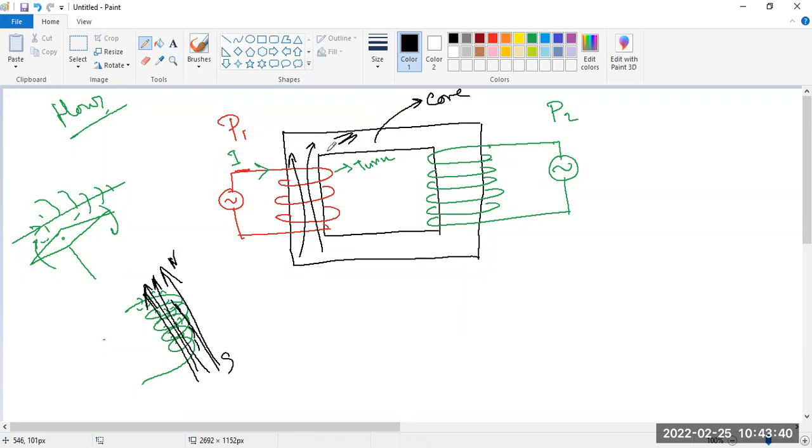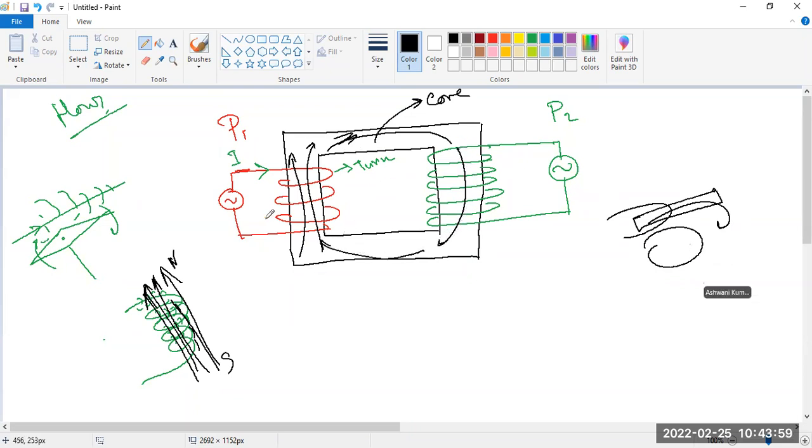So the flux flows through the core as a magnetic field. Whenever we put a magnetic bar or anything in a magnetic field, it is induced and becomes a magnet. So the flux comes over here and completes a circuit. This is called the magnetic circuit.